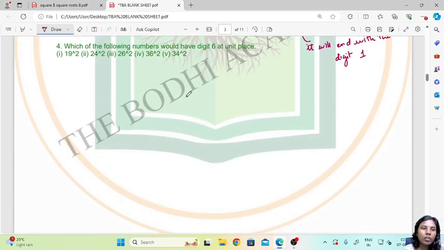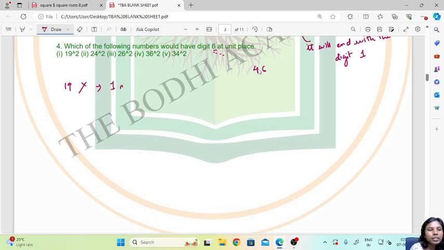Now which of the following numbers would have digit 6 at the units place? Digit 6, what we had discussed, is that it needs to have 4 or 6. So if you see 4 or 6 anywhere, that means in its units place we will have 6. So first we have 19. No. 19, if it is there, then it will end with which digit? 1.